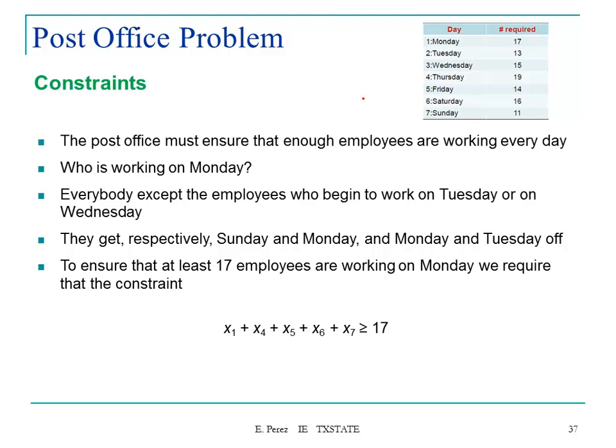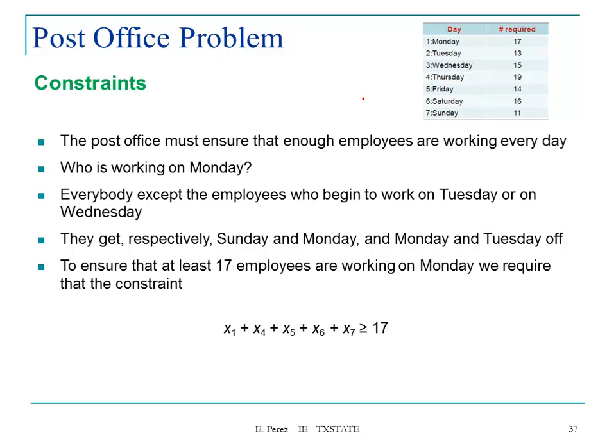The ones who start working on Tuesday are going to be on their free day on Monday, and the ones who start working on Wednesday will also be free on Monday. So the only way that we can satisfy this constraint is by assigning employees to come Monday, assigning employees to come on Thursday, and until Sunday. Does that make sense?